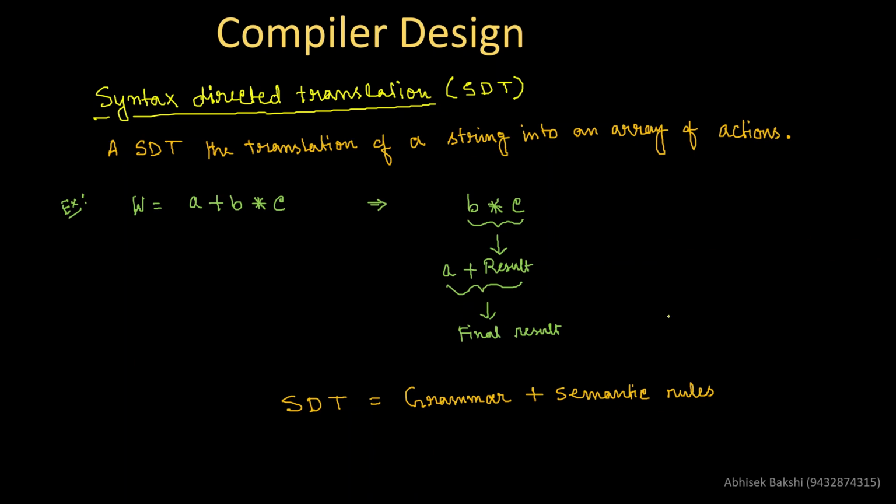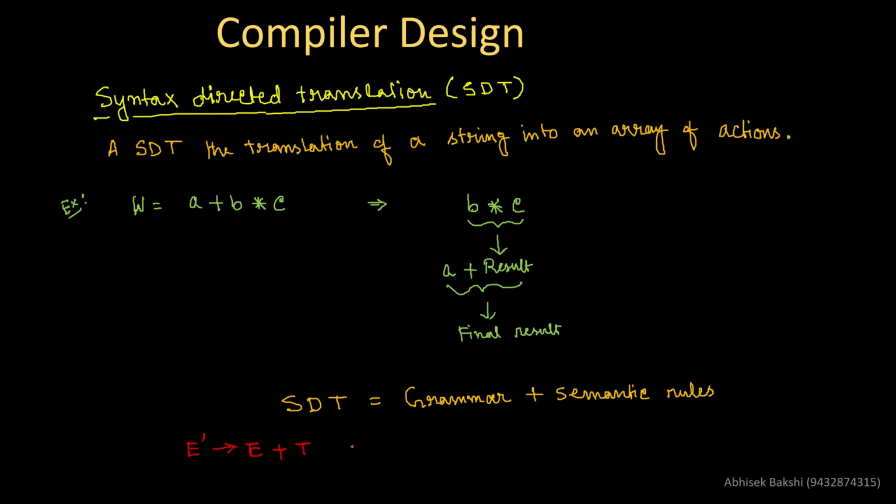For example, let's take an example here. If I have a grammar something like this, E dash written as E plus T. This is my production rule, right?